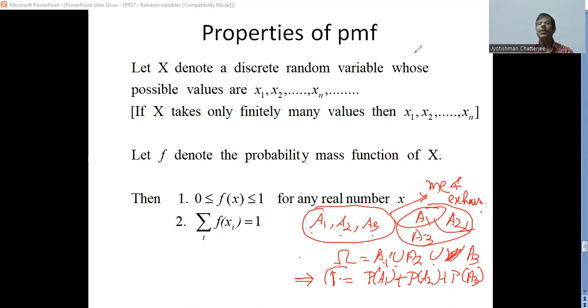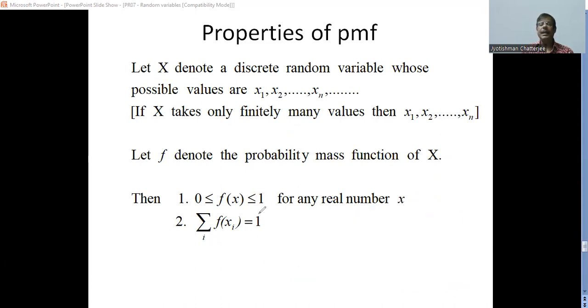And that's what we will see here in an application. x1, x2, x3, etc. are the possible values. Now let's consider the events X equal to x1, X equal to x2, and so on. These are all different events, and each of these events is disjoint from the other events.